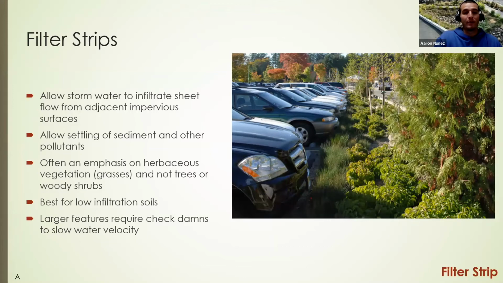You'll hear them referred to as grass filter strips. They're very good for low infiltration soils and also sloped areas, as opposed to bioretention areas or detention basins where you'll need a flat area to be graded into more of a lower profile.